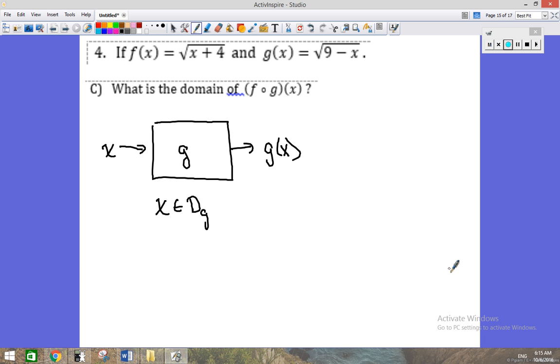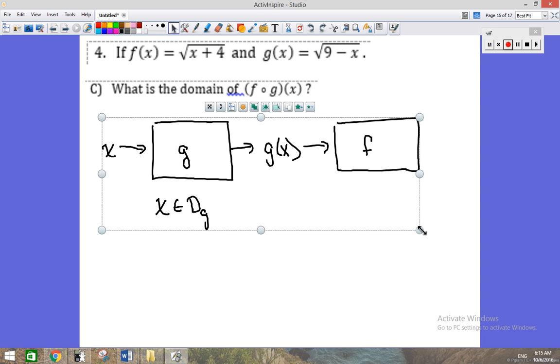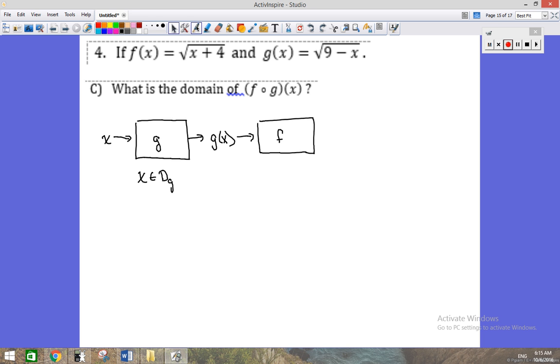And it's the second part that makes these problems a little bit challenging, because now this output of this function G becomes the input into the next function F. And in order for a function to have an output, the input has to be in the domain of that function.